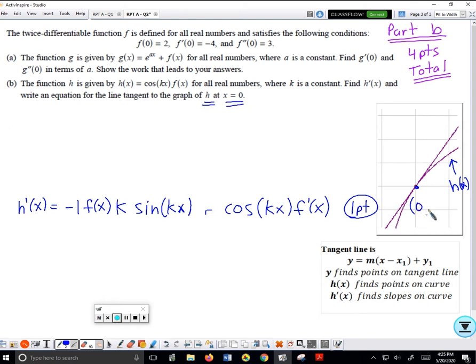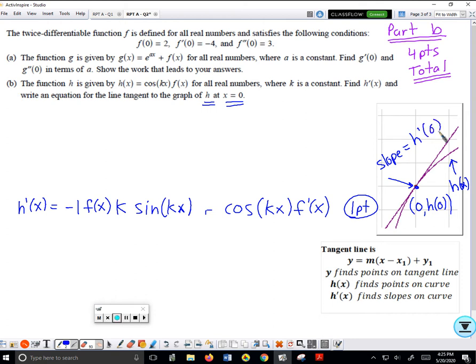That means this is h of 0. And that means the slope right here is h prime of 0. H prime when x is 0.